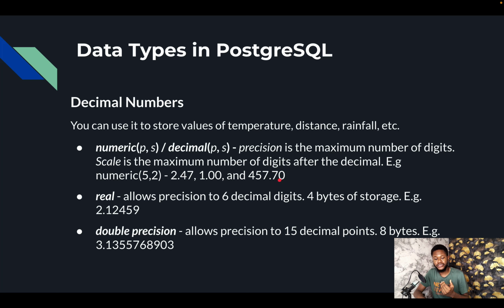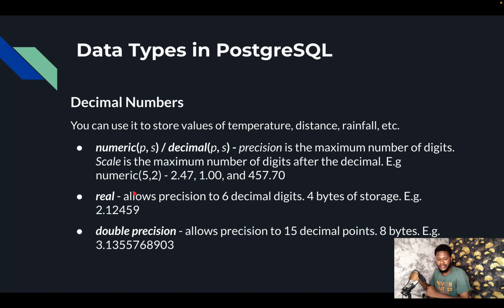If you try to store something with more than 2 digits, I think Postgres is just going to round it to 2 decimal places only. Again, 5 represents the maximum number of digits in total, both before and after the decimal point, left and right in total. Then 2 represents just the maximum number of digits after the decimal point.